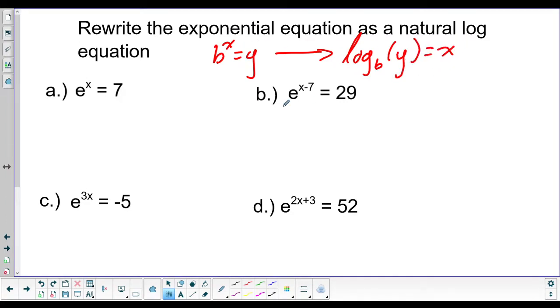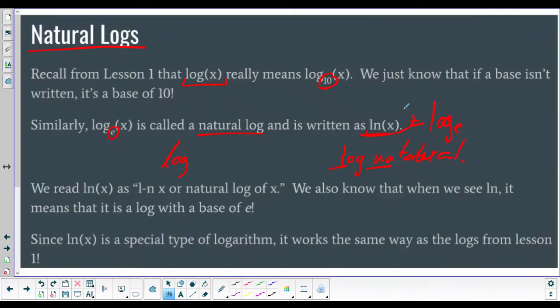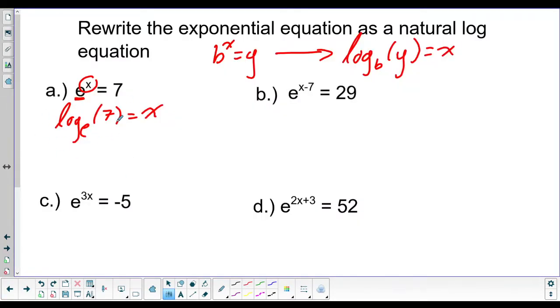If I rewrite this, it would be log base e. The thing that goes inside is whatever the exponential is equal to, so 7, equals the exponent x. Because we have log base e, they want you to rewrite it with the natural log. So we could simplify this by writing ln of 7 equals x.